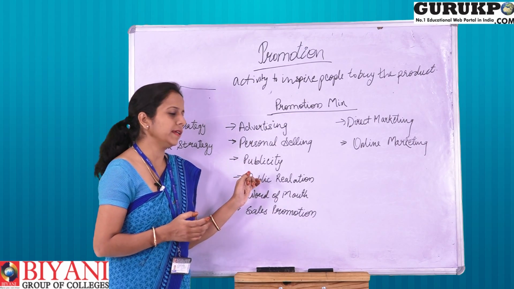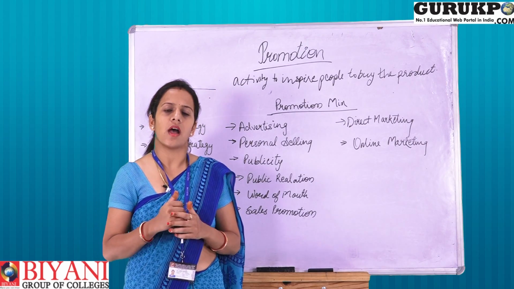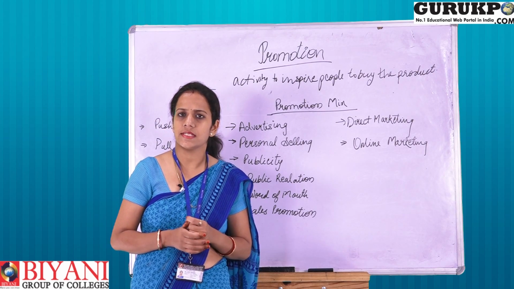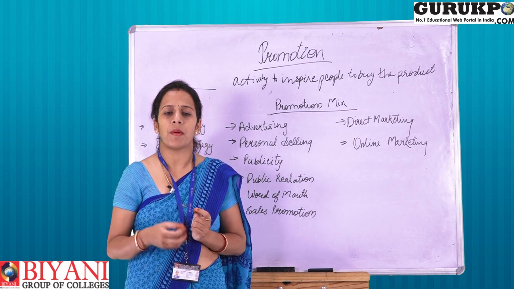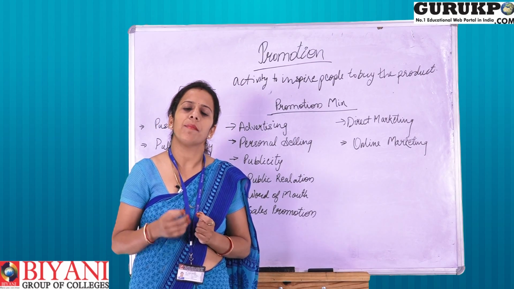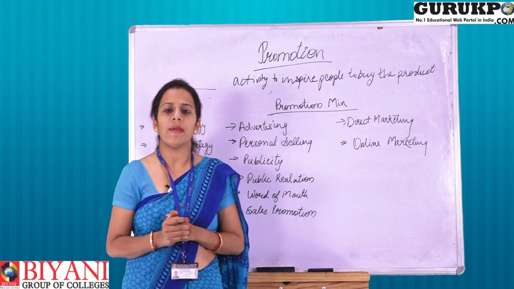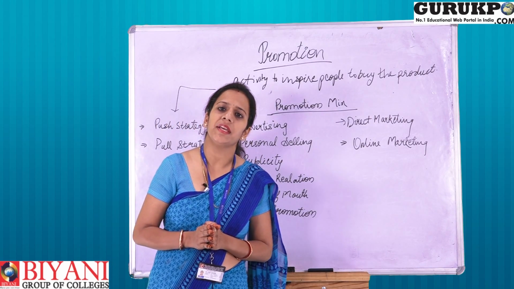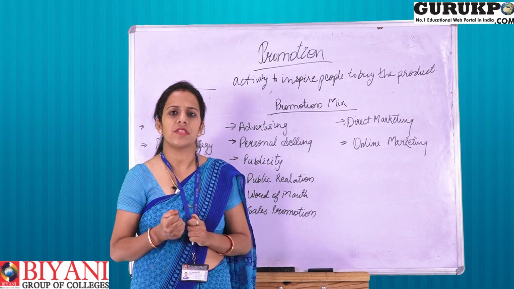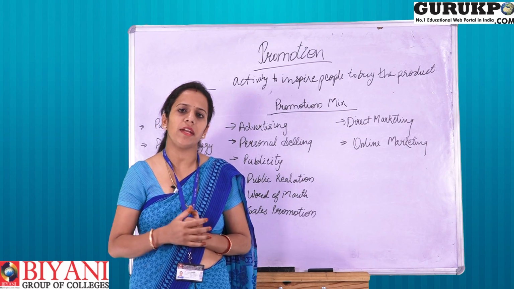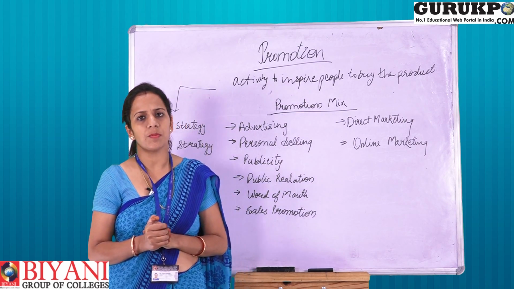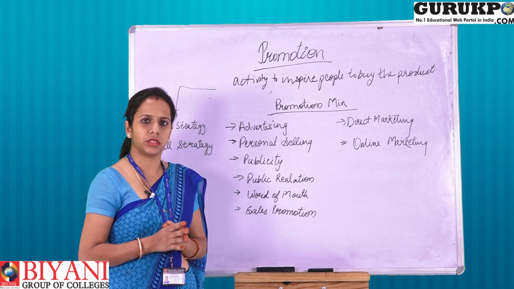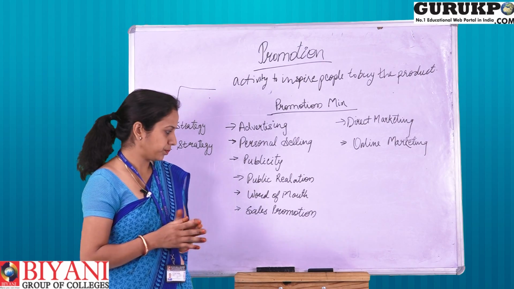The next one is public relations. Public relations is how we deal with our customers: the after-sales services, or different public relationships by call or by direct information. We maintain a proper relationship with our customers, always considering their needs and preferences, and modify our product according to that. That is personal relationship, how a relationship is created between the customer and the company.